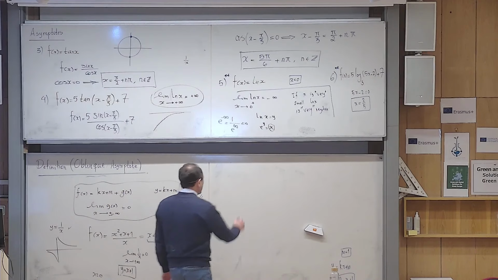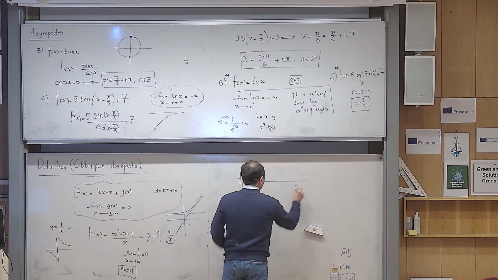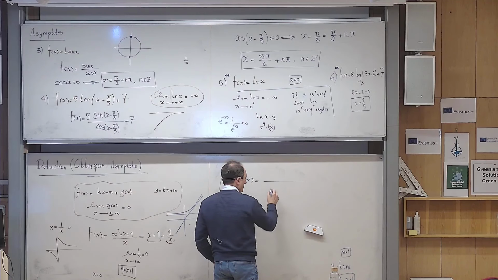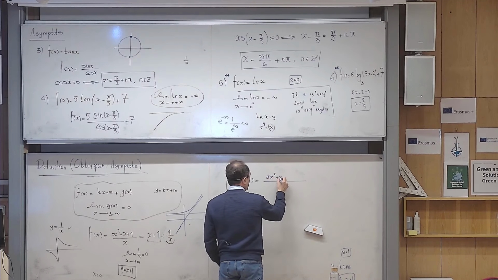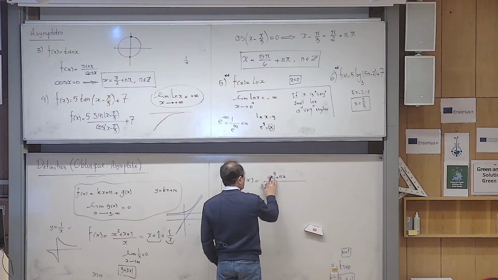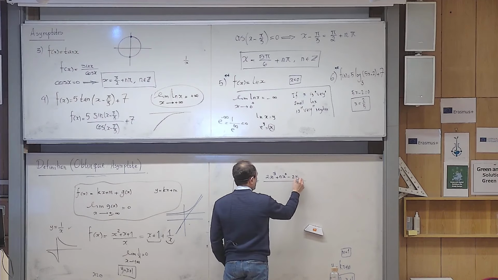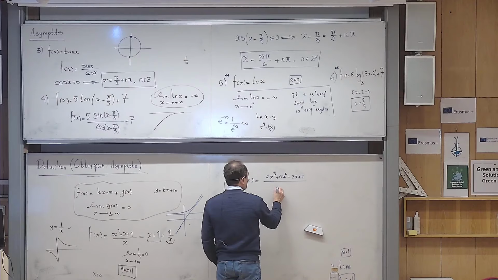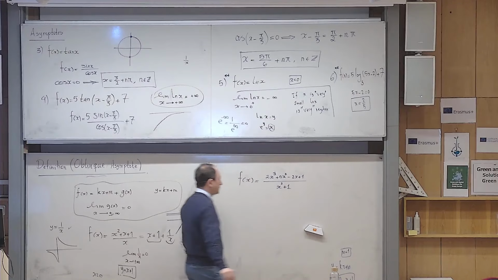Okay. So let me write one function. F of x equals, let me write it like this, 3x squared plus 5x. Now let me make it cubed, and let me make it 2 minus 2x plus 1, and then I would write it as x squared plus 1.